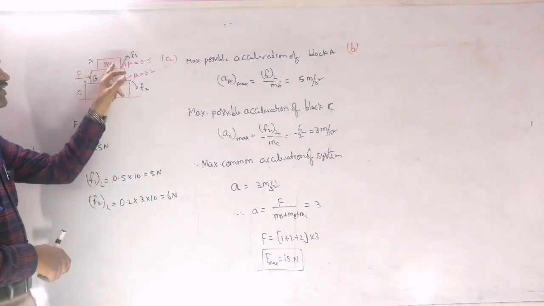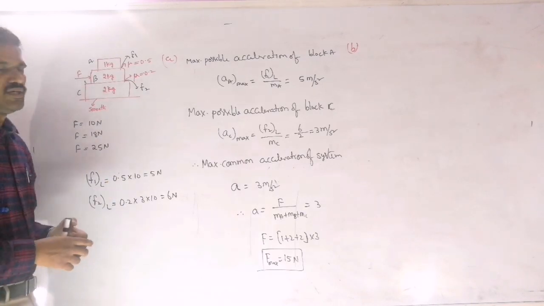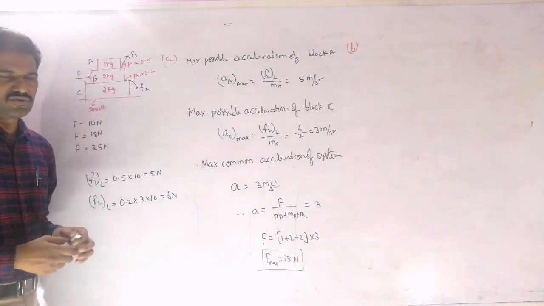If the system moves with an acceleration of 5 or more, then there will be slipping between these two blocks also, right?